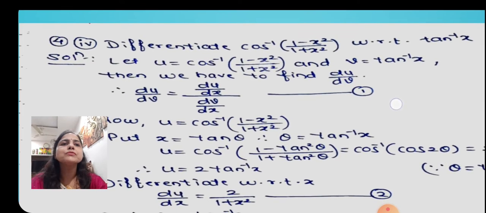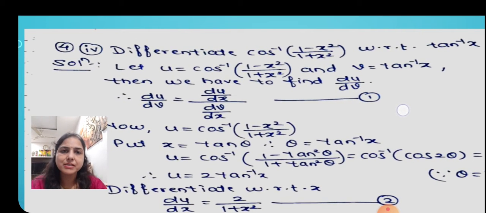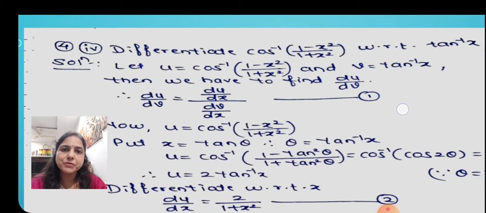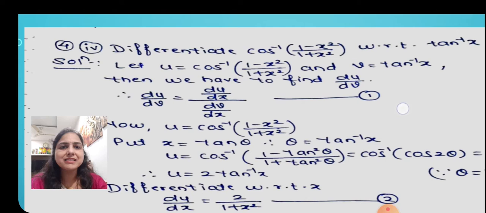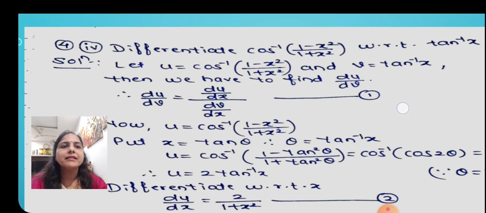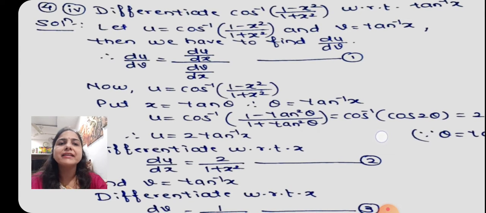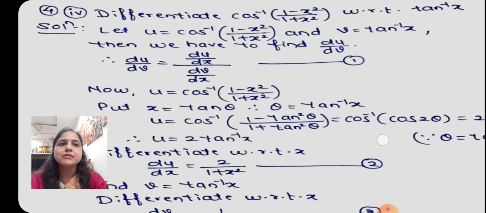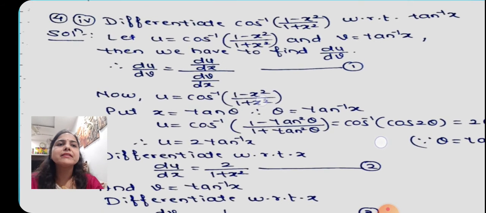Now u is cos inverse of 1 minus x square upon 1 plus x square. We use the substitution method for this inverse function. So we put x is tan theta. So theta will be tan inverse of x. We put it in this equation.